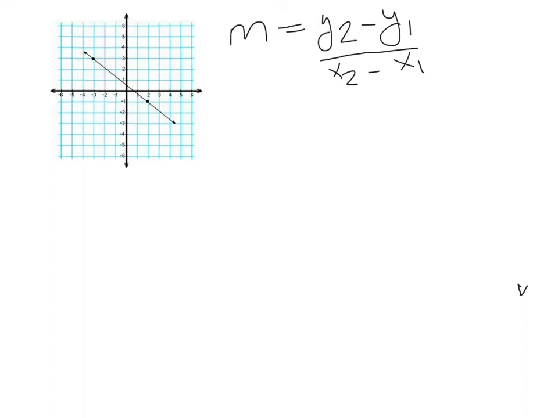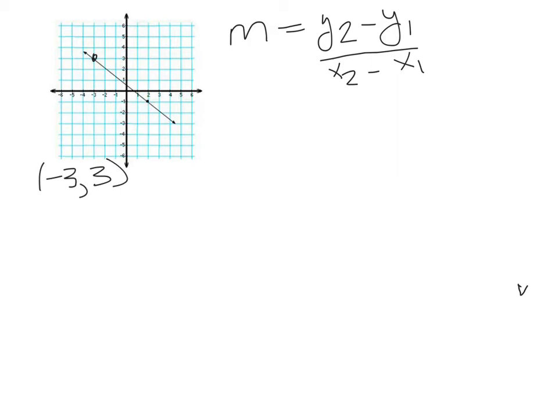Let's look at the coordinates of each one of these points, put them into our formula, and find out what we get. For the point up here at the top, this point right here, our coordinates were -3, +3.